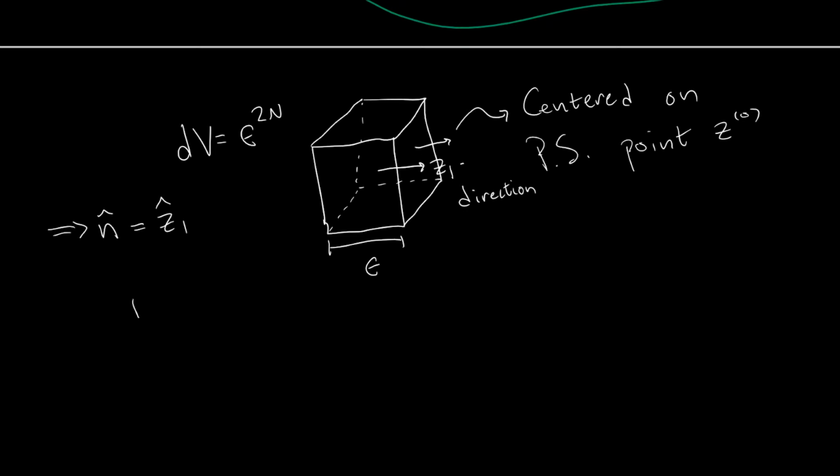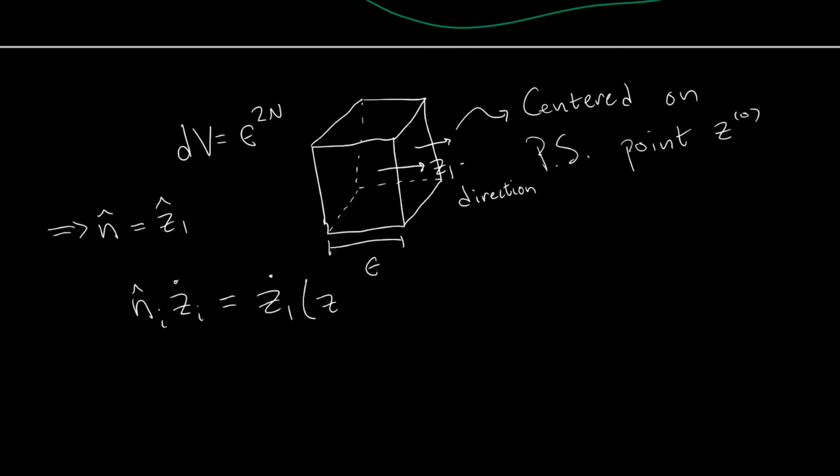So when I do n hat dot z dot, n hat i z i dot, this is just going to be z1 dot. And let's not forget that this is going to depend on all of our coordinates.